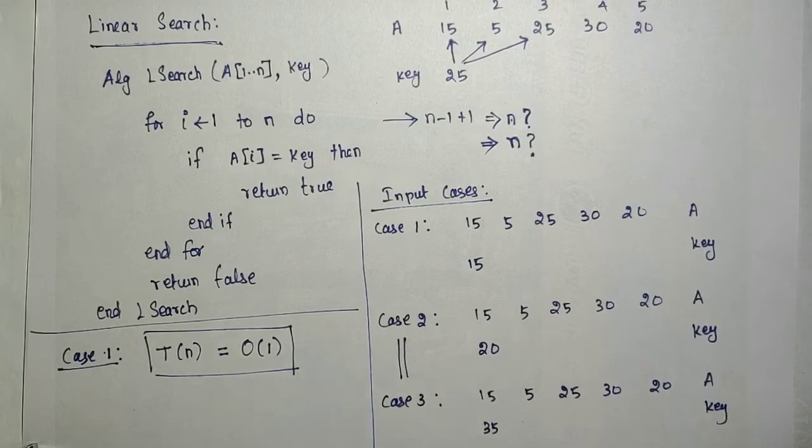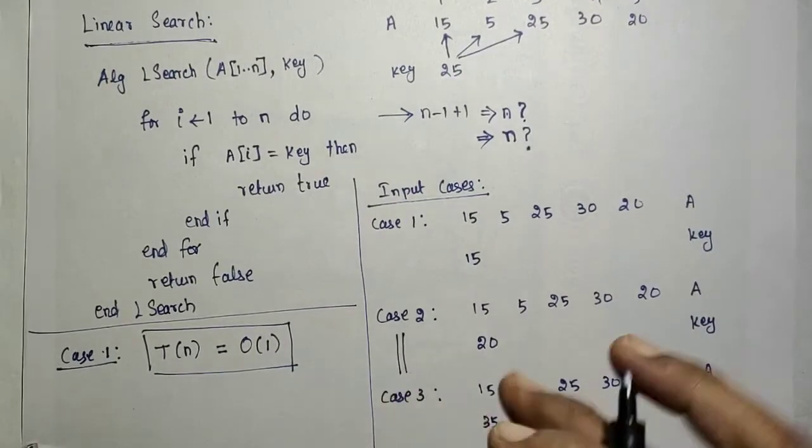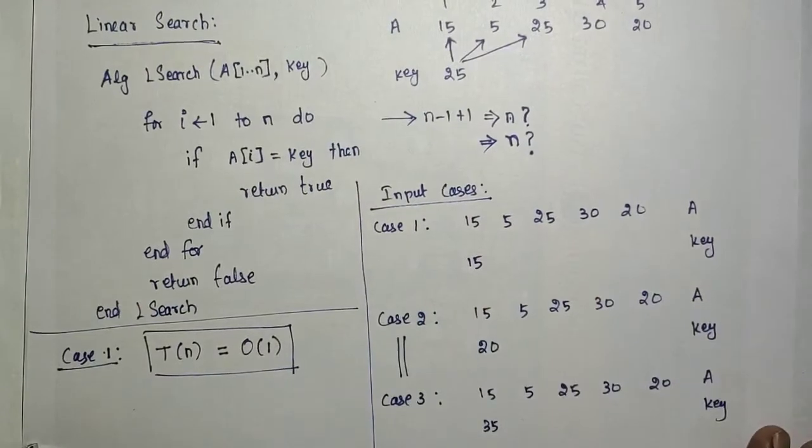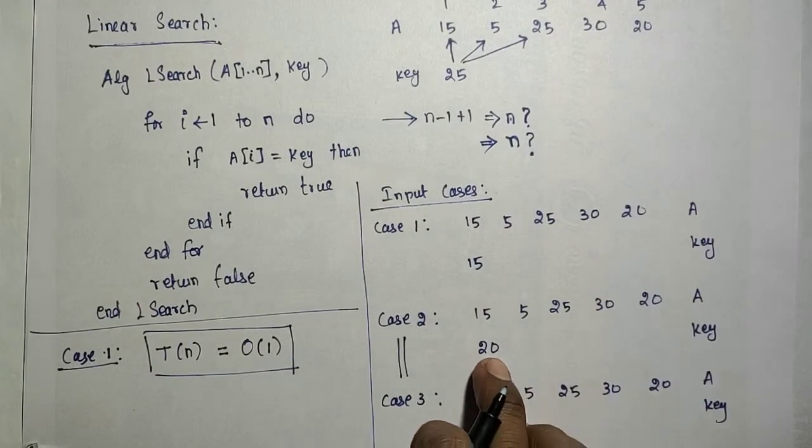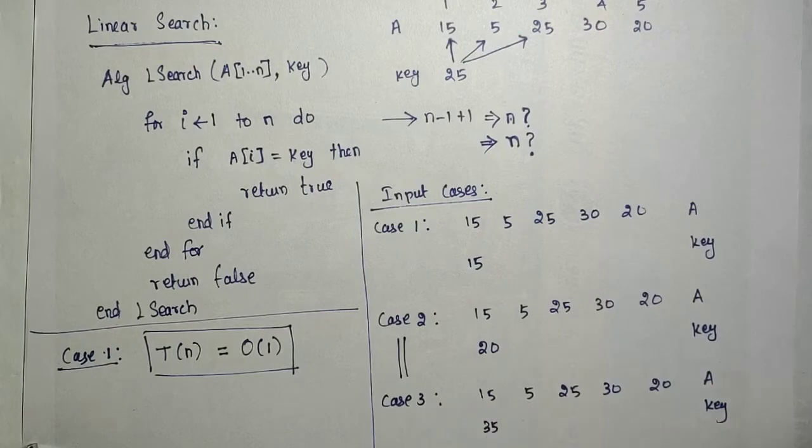That is O of 1. The time will not increase even if n is increased. Case 2 and 3 will be merged into one, because both cases are the same. The 20 is present at the last position or the 35 is not at all in the list.